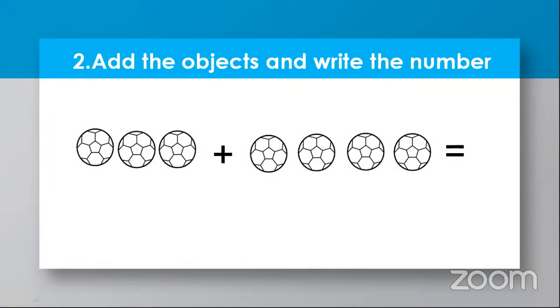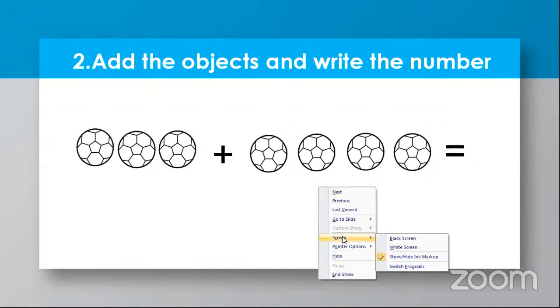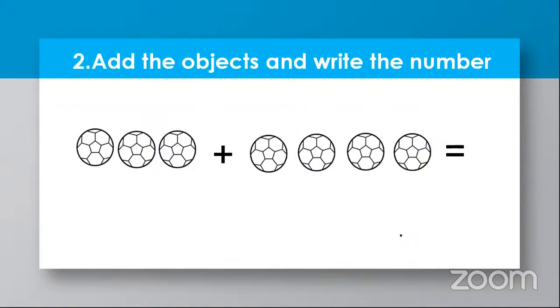Someone read for us question number 2. Nathan, please read for us question number 2.